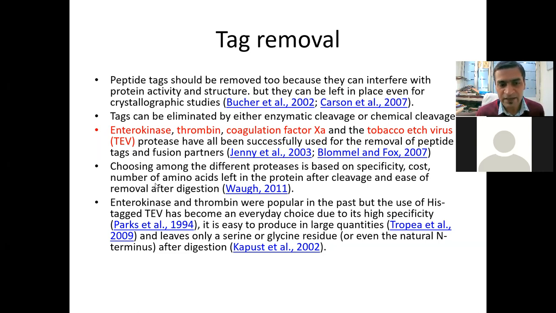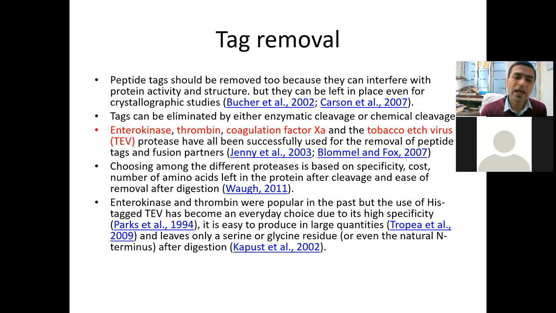Another factor is the number of amino acids left in the protein. For example, suppose after the cleavage your peptide has been removed and the fusion partner has been removed. Usually we see that these enzymes act not on one single amino acid but rather on a specific sequence of amino acids, two or three amino acids. So if it is cut, it may leave a few amino acids.